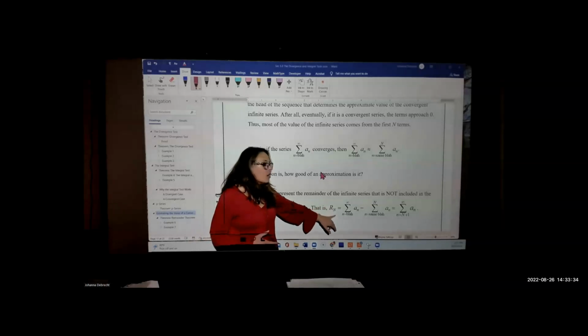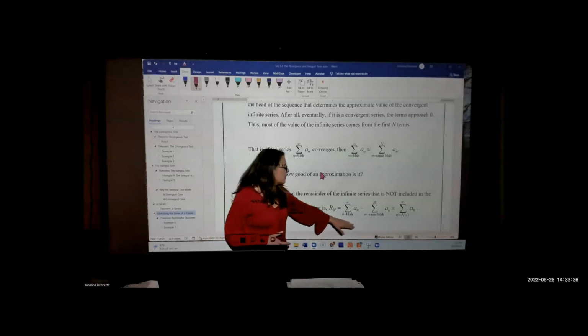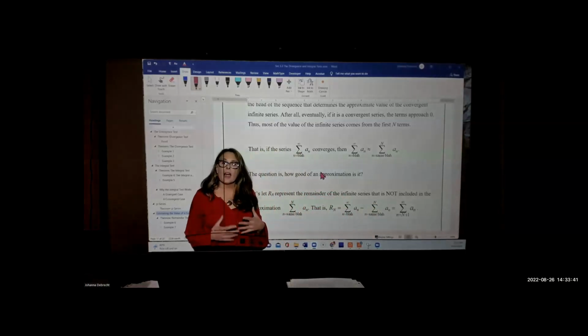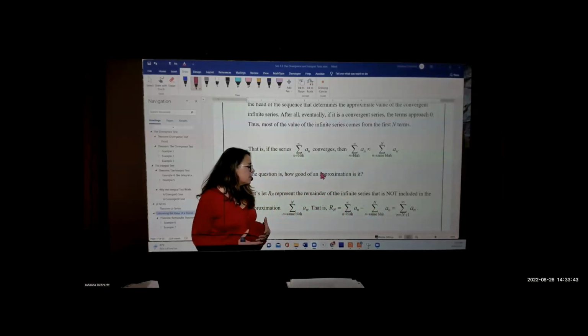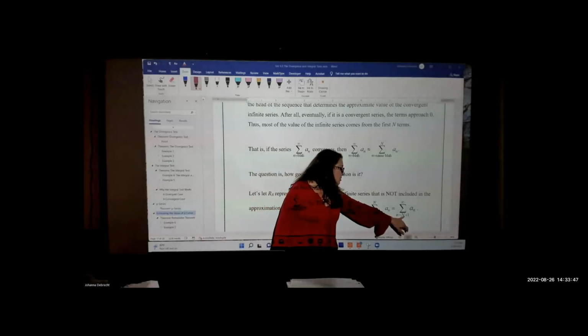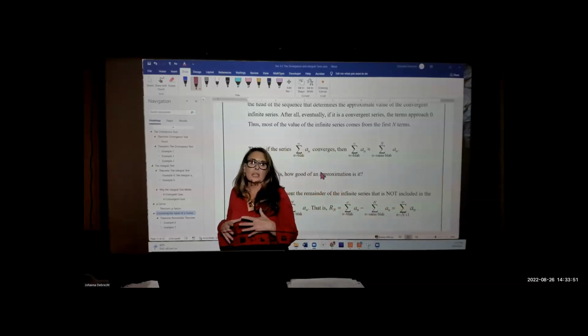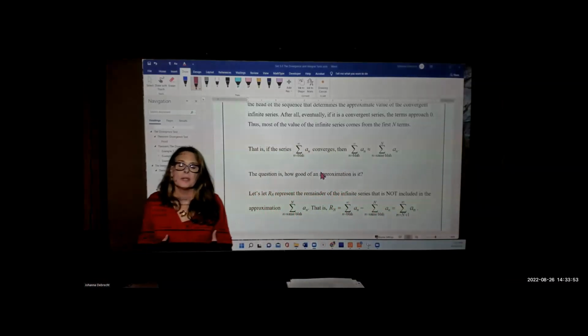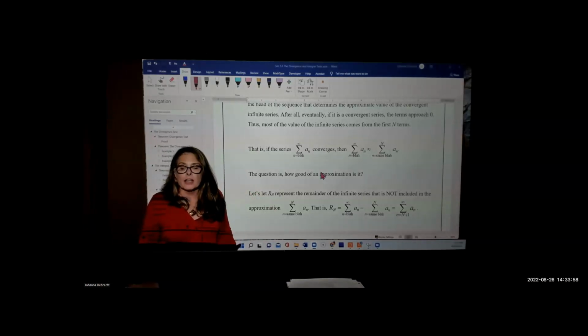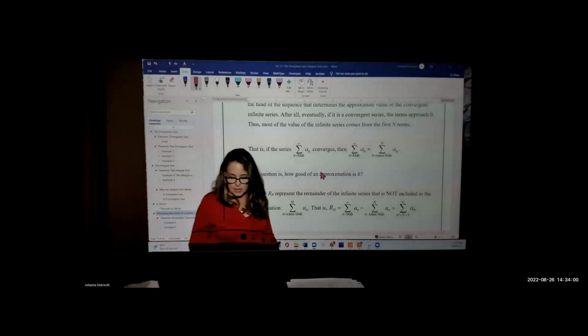We call this R sub capital N, because we're taking the first N terms to be our approximation of the infinite series. So this would be the sum from lowercase n equals uppercase N plus 1 to infinity. In other words, we're looking at the tail, and the tail becomes our error. It's the remainder, the part we're not including in our approximation.